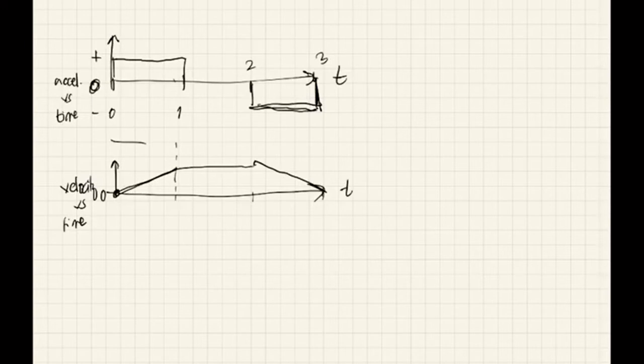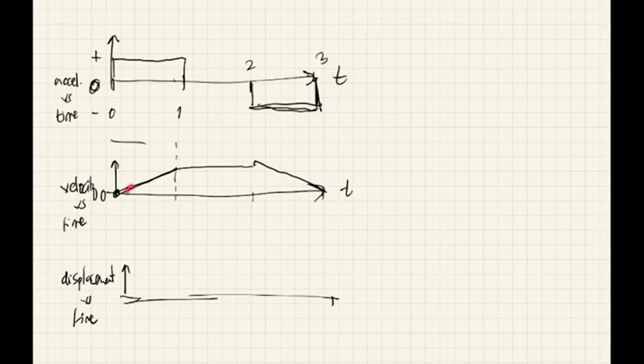Then distance, displacement, the displacement versus time graph. Same thing. Get the area.